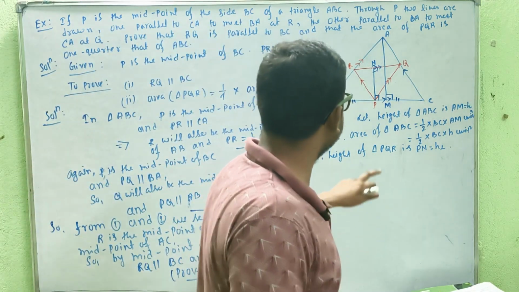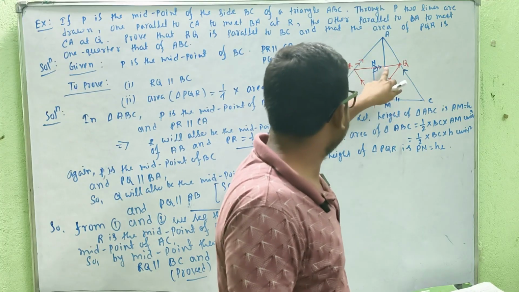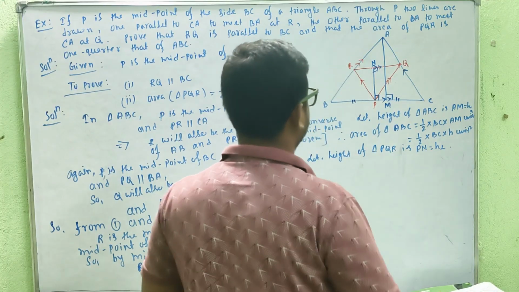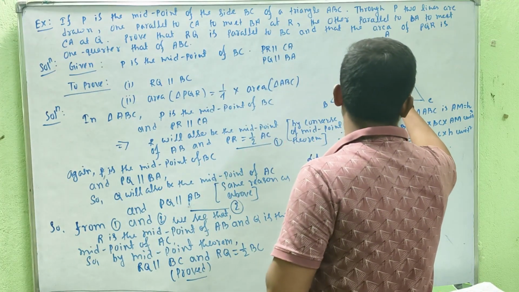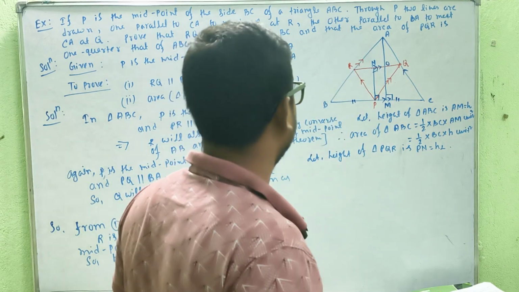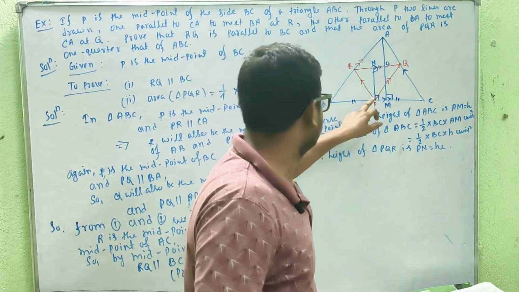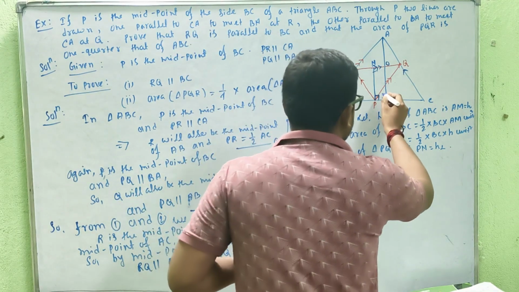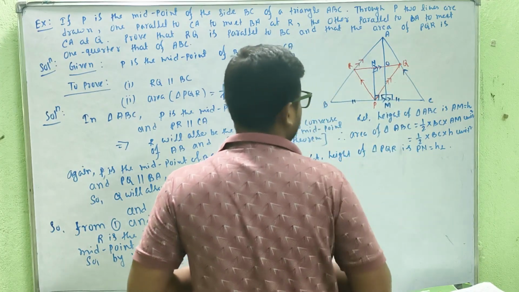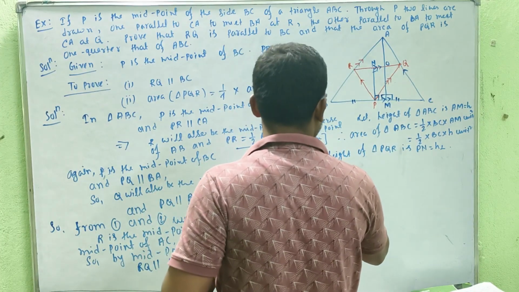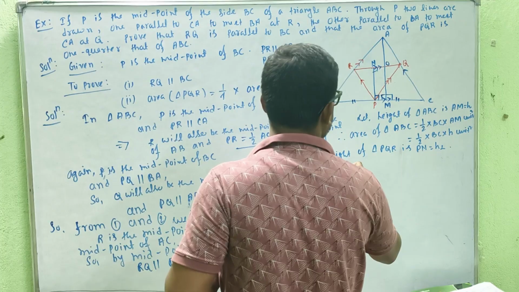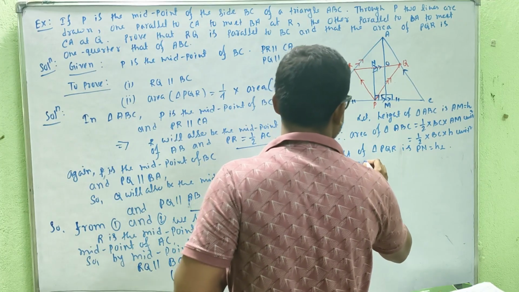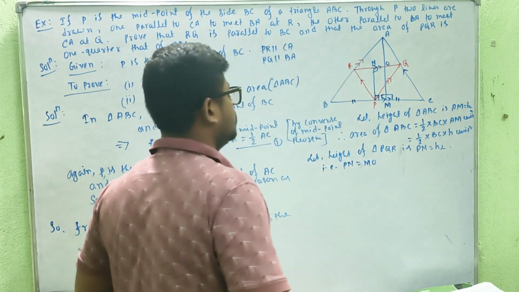Okay, clearly this is a rectangle PMON. Suppose this point is O. PMON is a rectangle because this angle is 90 degrees, so this is also 90 degrees. That is, PN equal to MO.